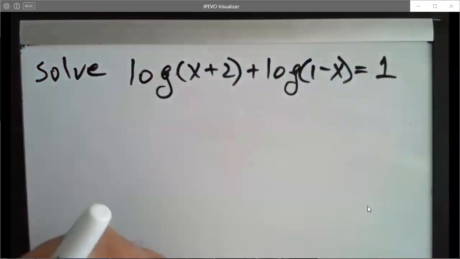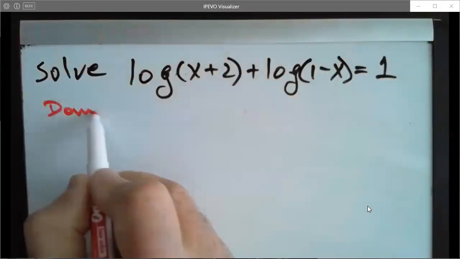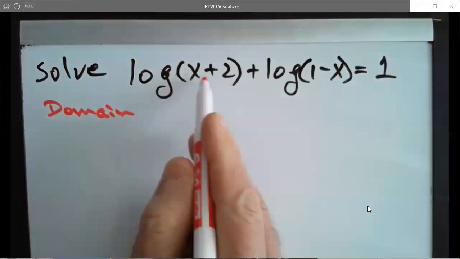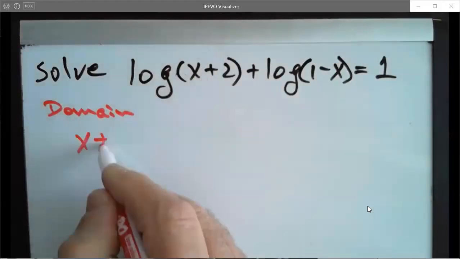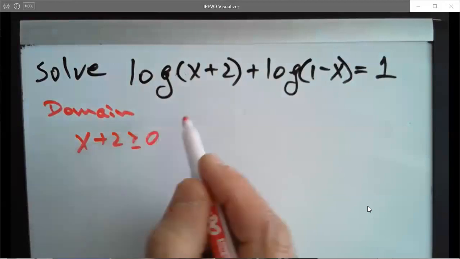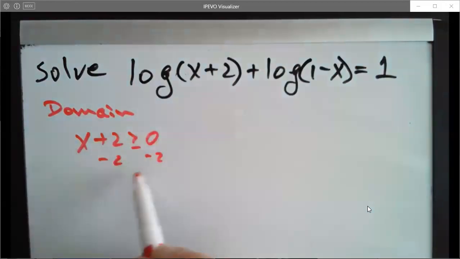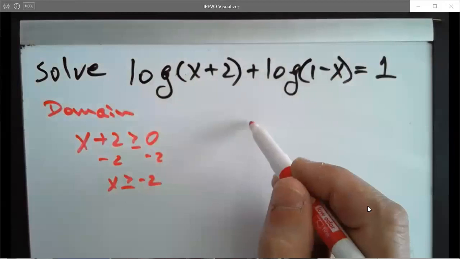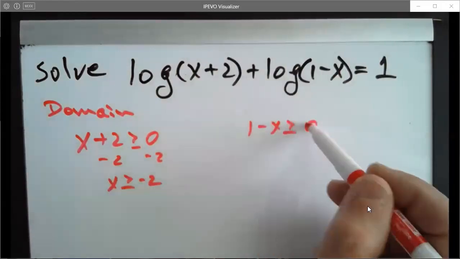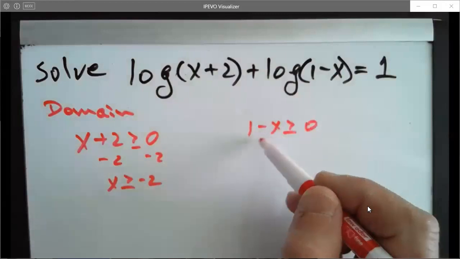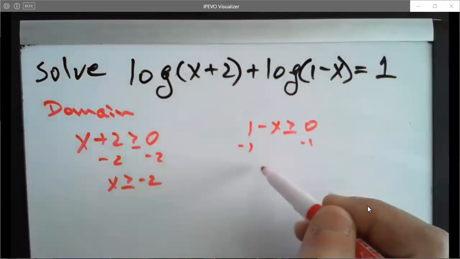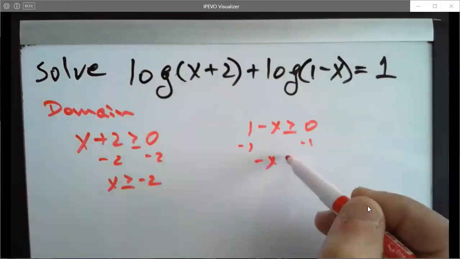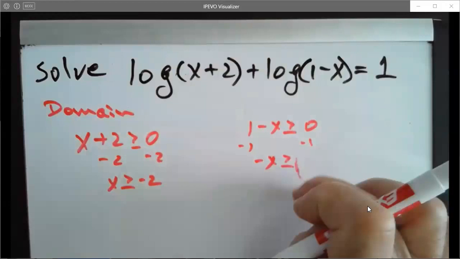Okay, before we start, we want to find the domain. So we take what's inside the parentheses, x plus 2, and set it greater than or equal to 0. If we subtract 2 from both sides, we get x must be greater than or equal to negative 2. And we do the same thing with this one: 1 minus x greater than or equal to 0. We subtract 1 and get negative x is greater than or equal to negative 1.